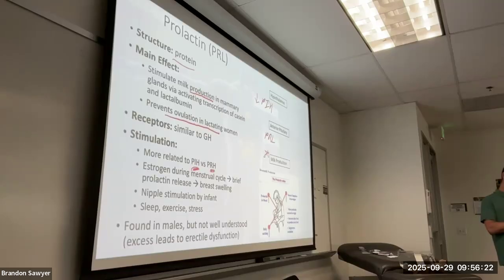Some of this release also occurs because of estrogen release during the menstrual cycle, which leads to breast swelling. Nipple stimulation and some other factors are also similar to growth hormone release stimuli.